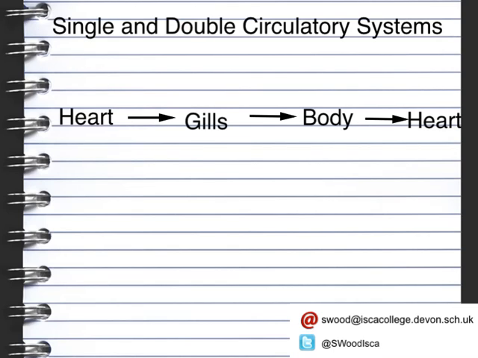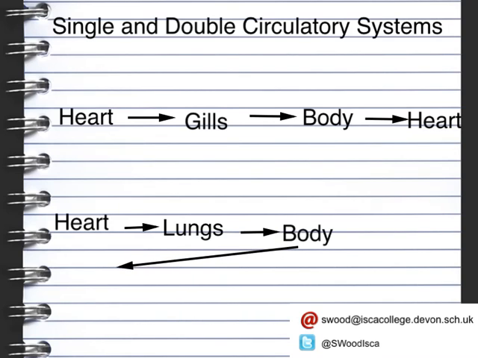Now with a double circulatory system, again we start at the heart. This time, instead of the gills, we go to the lungs. The lungs collect oxygen and it goes around the body. Now, from the body, we go back to the lungs, and that's where we do the diffusion, where we get rid of the carbon dioxide before we go back to the heart and we can start again.